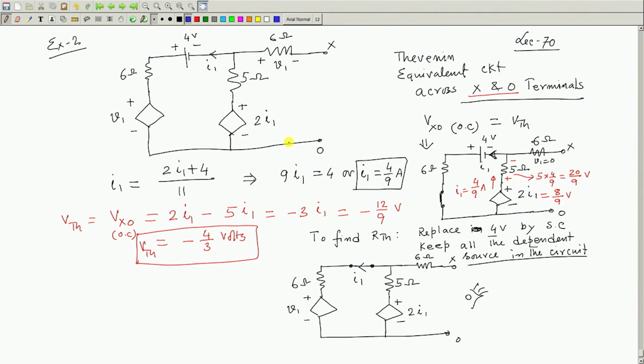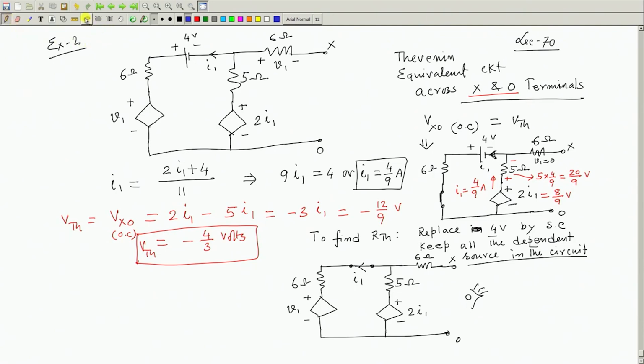If X and O are short circuited, if I can calculate that current, then this open circuit voltage divided by this short circuit current, which I am going to find out, will also give you R Thevenin's. It is a good practice to do that. It will then make your understanding much better, that in any case you must come out with a unique value of Thevenin's voltage and Thevenin's resistance.